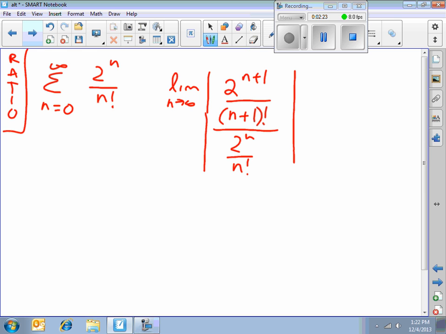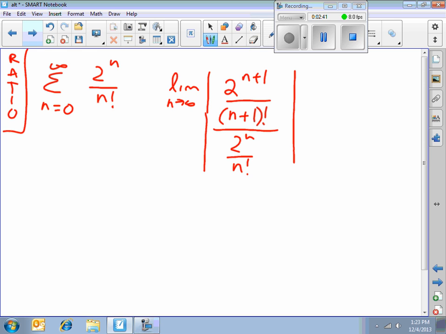If this is less than 1, we can say it converges. If it's greater than 1, including infinity, we say it diverges. The only problem is if it equals 1, we've used the wrong test, and we've got to go back to one of the other tests in our arsenal.